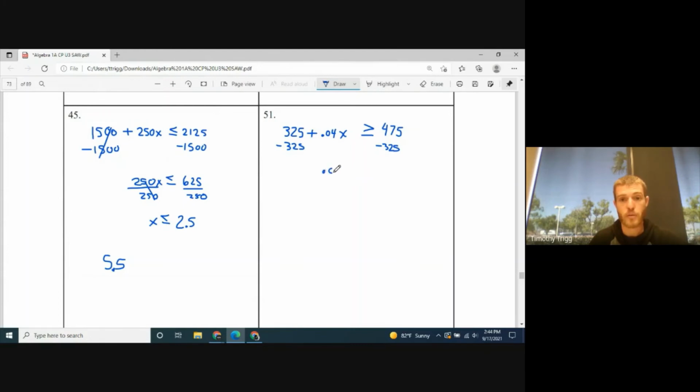So that gives you 0.04x is greater than or equal to 150. Dividing both sides by 0.04 will give us x by itself. So that'll give us that x is greater than or equal to, meaning the amount she needs to sell is greater than or equal to 3,750. So she needs to sell $3,750 worth of stuff. I guess shoes.